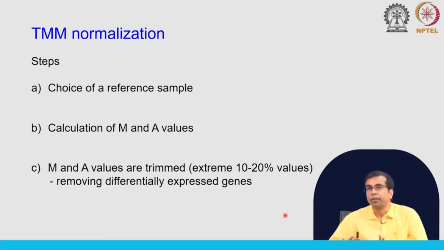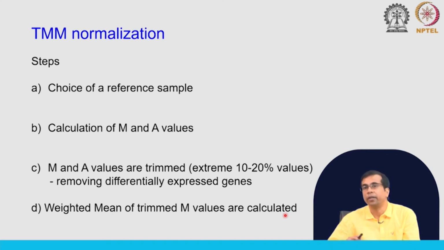And what it means is that you are removing genes that are showing differential expression, okay. They are showing a difference in expression between samples, and you are removing those genes before you calculate the normalization factor, okay.